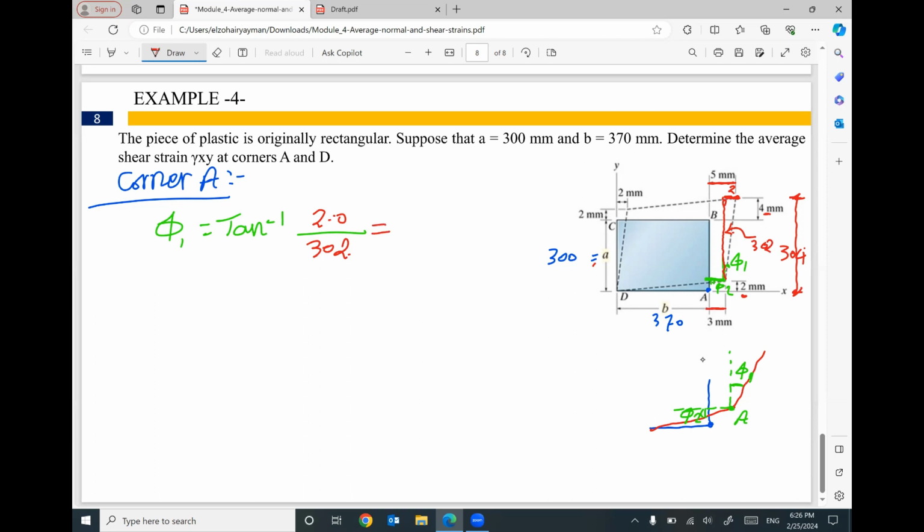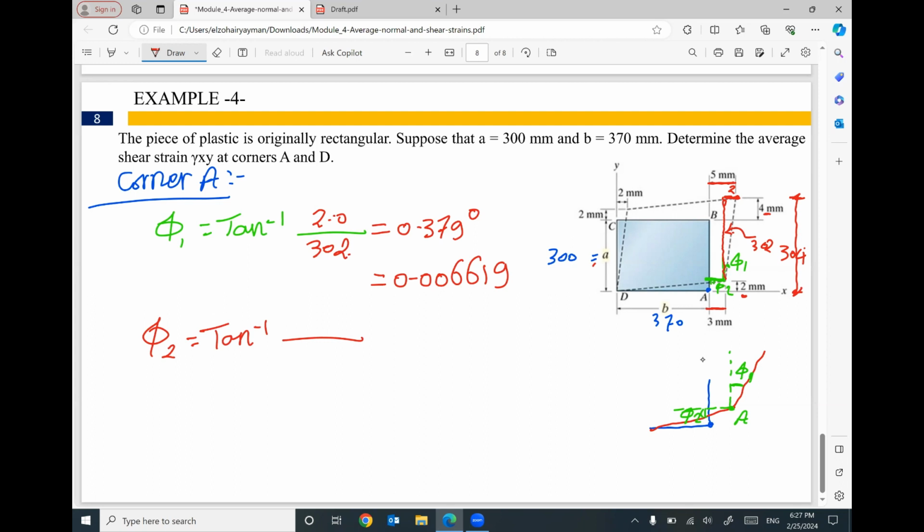So I can figure out the angle: inverse tan 2 divided by 302. I got 0.379 degree. If you convert it to radian, it will be 0.06619.